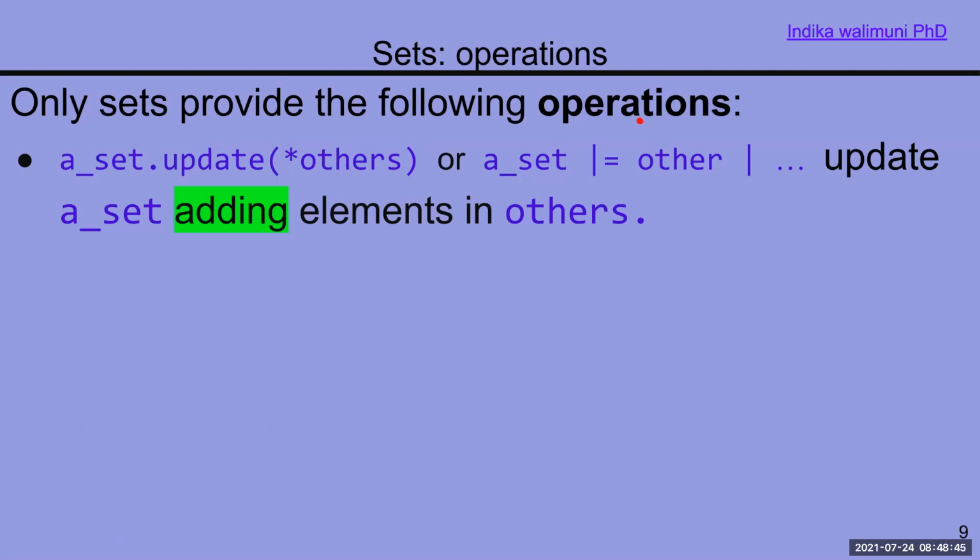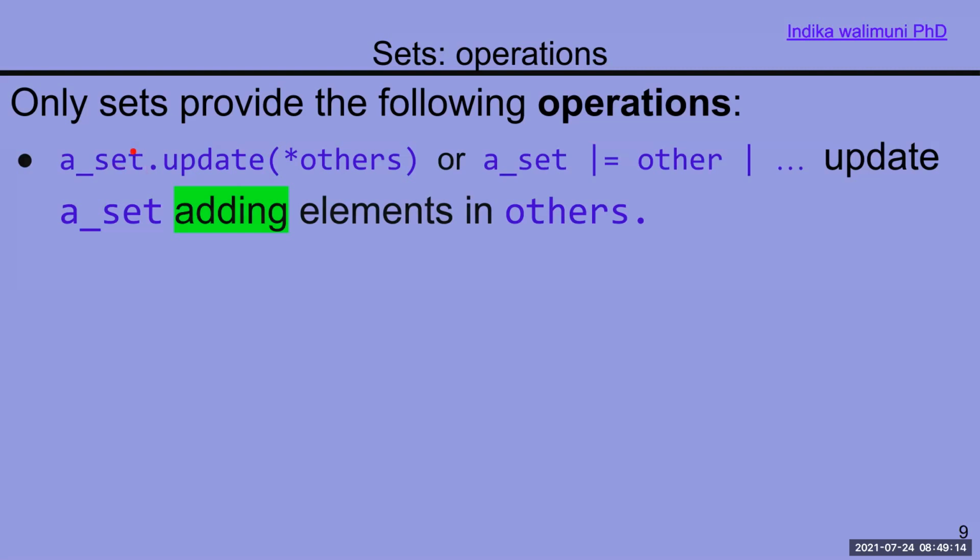And now instead of the plain operator, we have an equal sign as well. That means we are changing the original set we are working upon. Earlier we returned a new set. So basically we add elements in others into this set, and then we update.